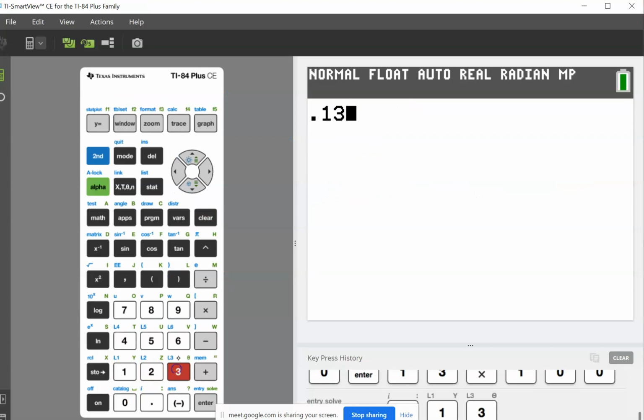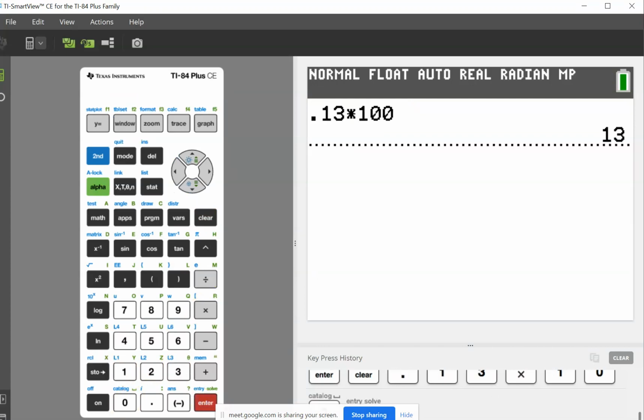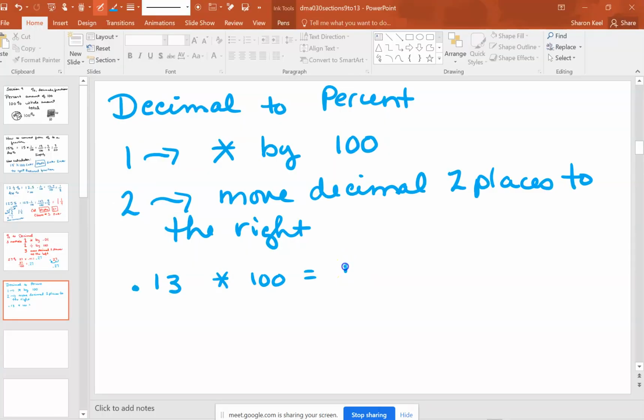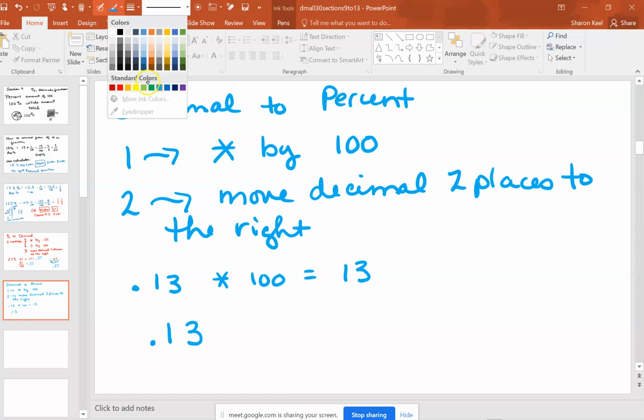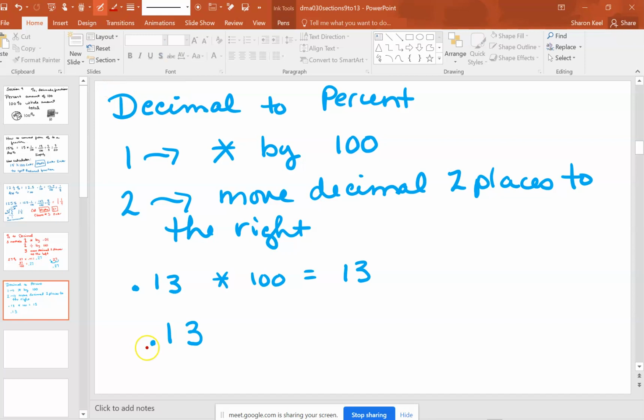My 0.13 times 100 gives me 13, so that will be 13%. If I took this 13, right now the decimal is in front. The other method is to move the decimal right 1, 2 places, which moves it to the right side. That means it no longer belongs there, and that would give me 13%.